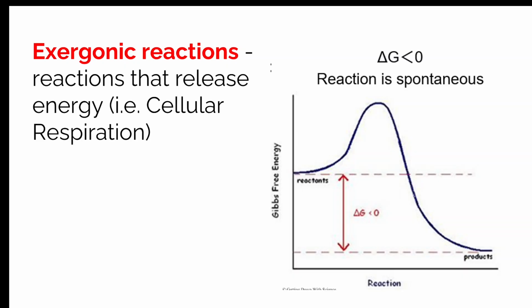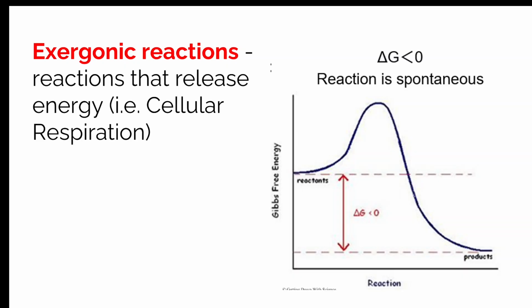So we as mammals, for instance, we need energy, and that energy comes in the form of food and oxygen, and those are going to be our reactants. The products that we get from that are going to be at a lower energy state than the higher reactants. So this is an example of an exergonic reaction.